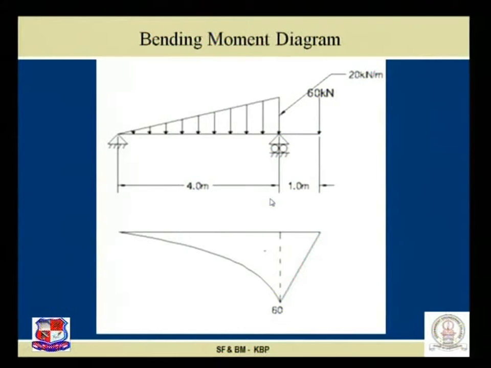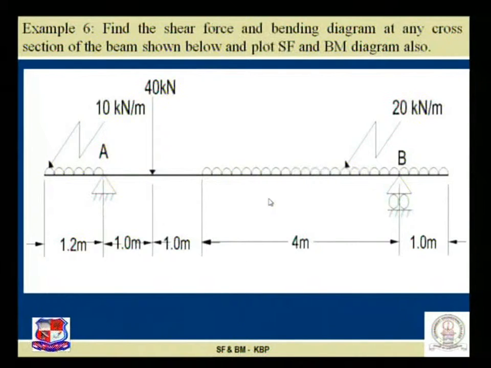Now let us proceed with the next problem, and let us be clear on more fundamentals with it. Now in this given beam, refer carefully, only two different kinds of load have been given to you, that is uniformly distributed load and point load.